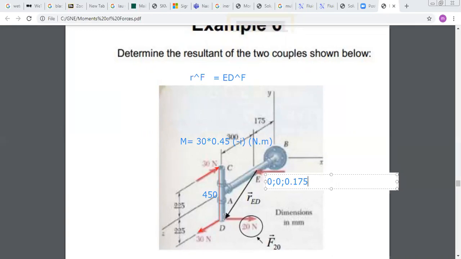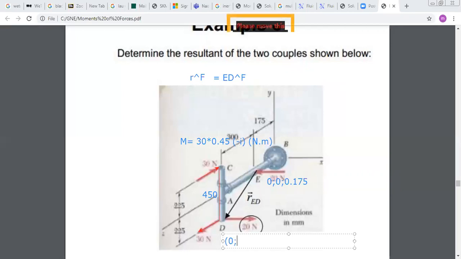Now for point D, D is in YZ plane. Okay, so x of D is 0, and you have that Z is positive. It's equal to 175 plus 300, so 475. And along Y, it's negative.